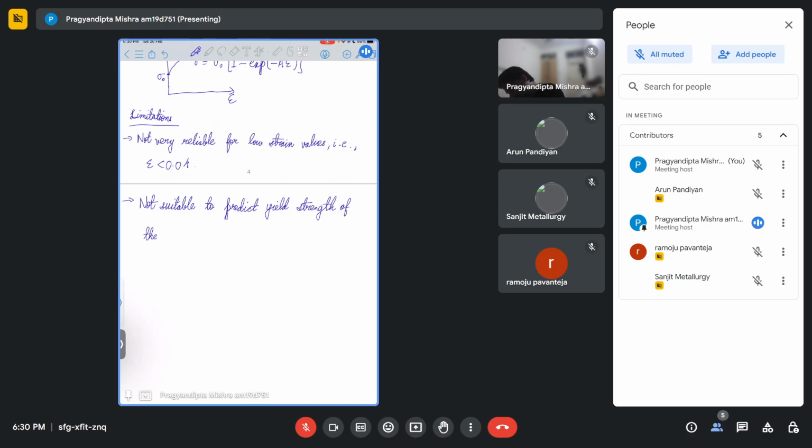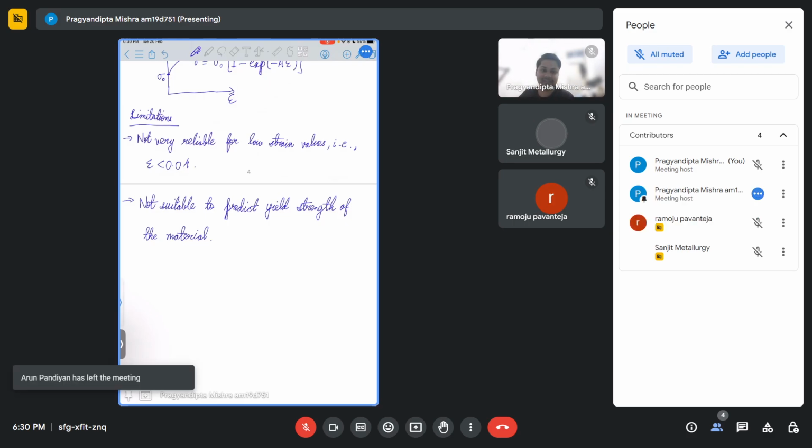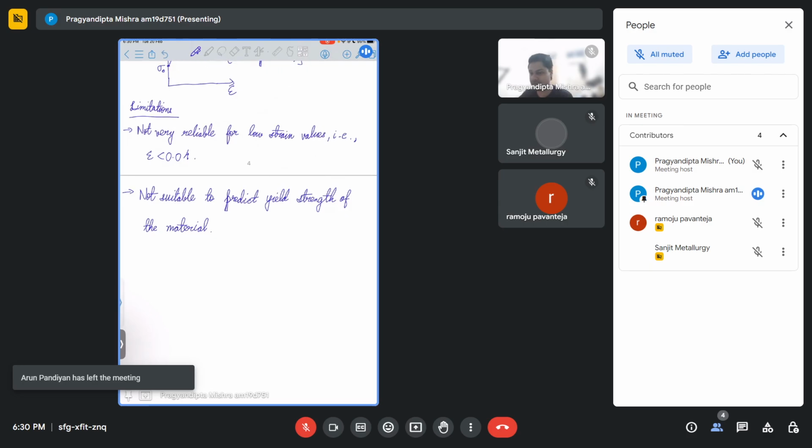I think there was one example done in one of the NPTEL videos for this week. You can go back and refer to that video. That clearly showed why this is not very suitable to predict the yield strength. You can remember it, but that is the example you can use too.